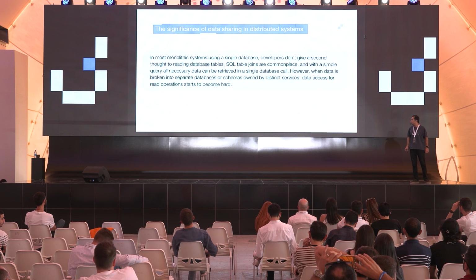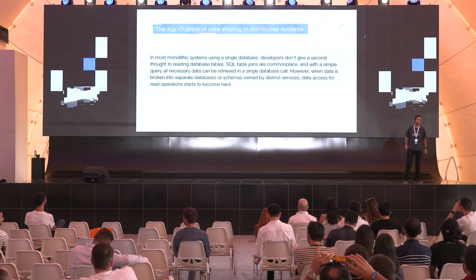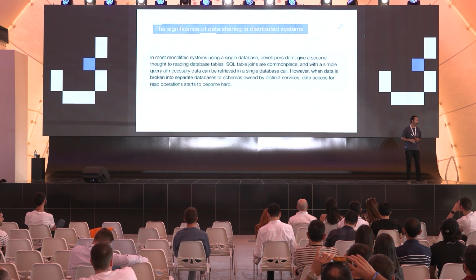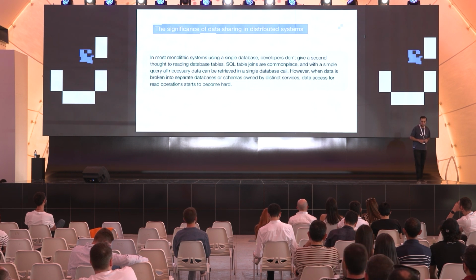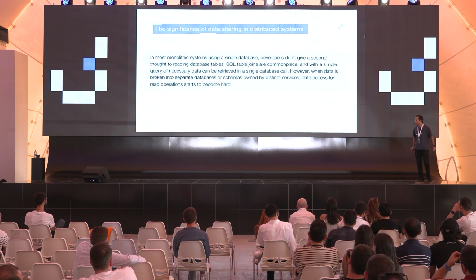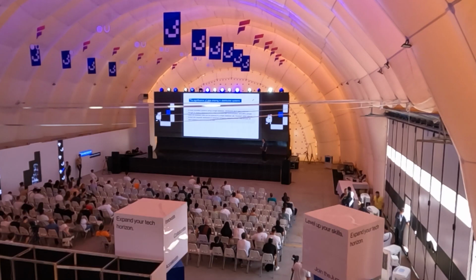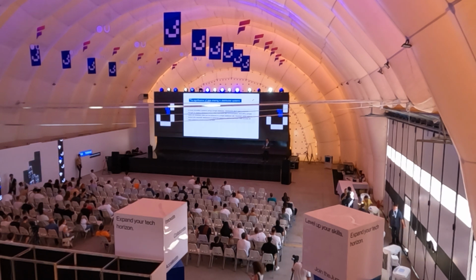In most monolithic systems using a single database, developers never think about how to store and share data because it is possible with one single command to load a bunch of huge data. But when data is divided into separate places and owned by distinct services, it is very hard to load a bunch of data from different places and combine them together.